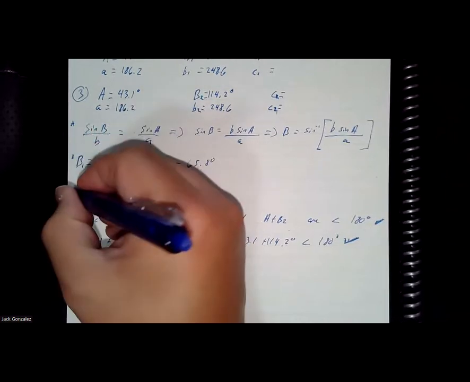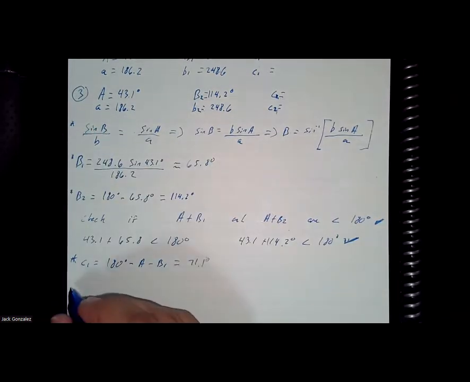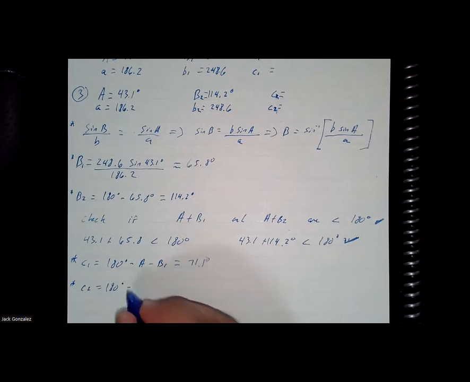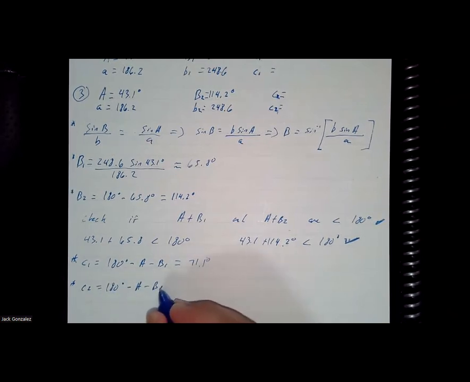Now C2 will equal 180 minus A minus B2. B2 is going to be 114.2.